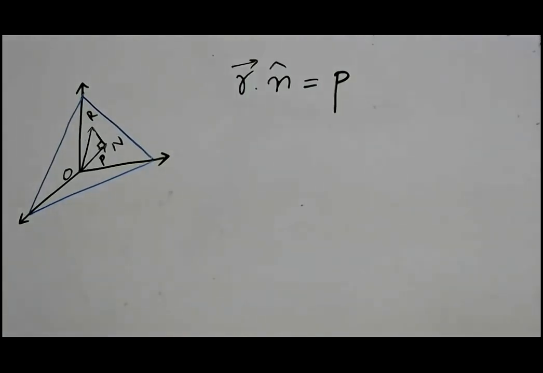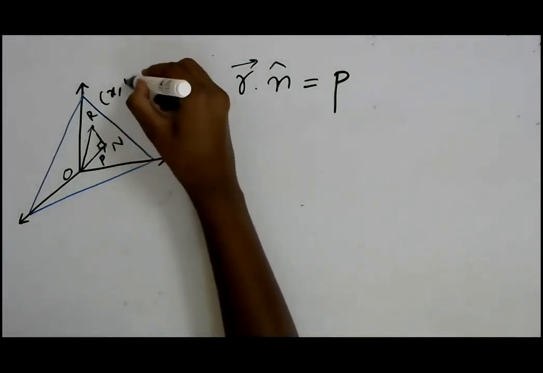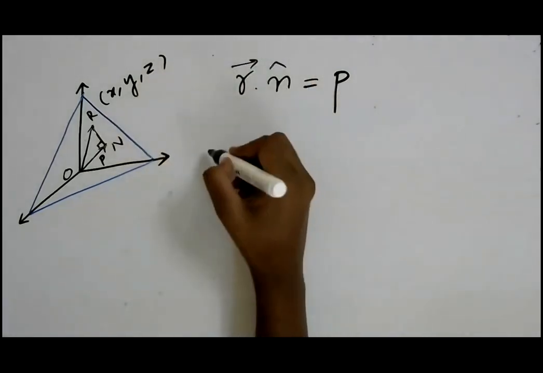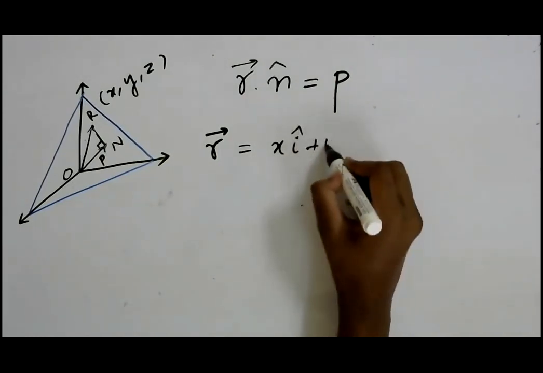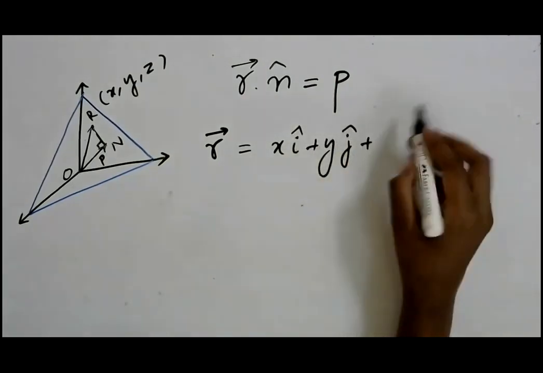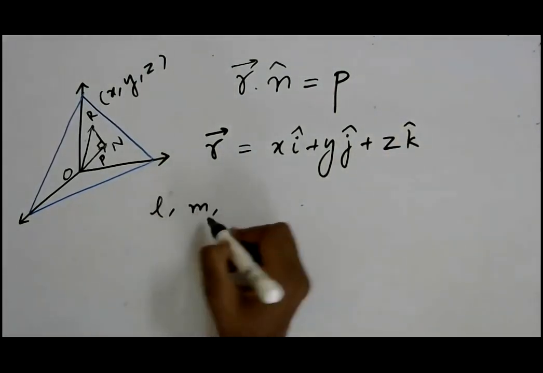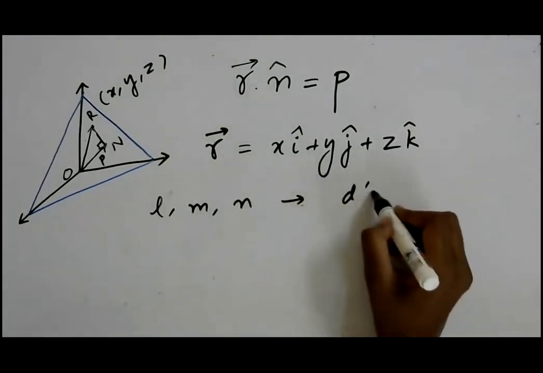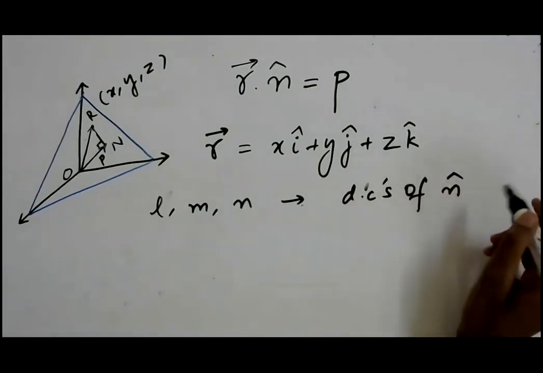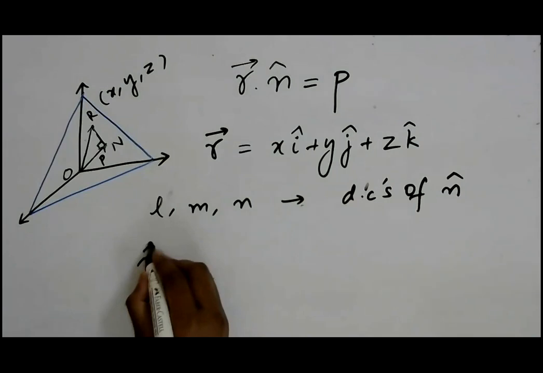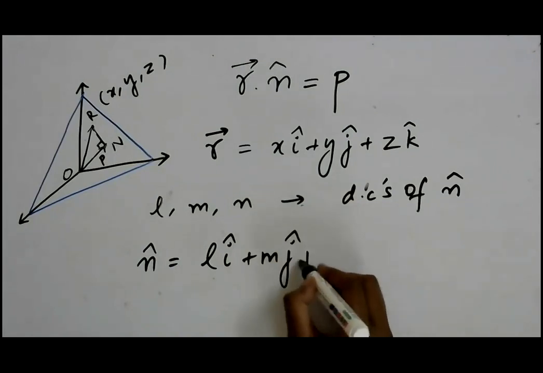Now we'll be doing the Cartesian form of the previous equation. So let's say the coordinates of R to be x, y and z. Then we can represent the position vector of R as x i plus y j plus z k hat. If suppose l, m and n are the DCs of our n cap vector, then we can express our n vector as l i plus m j plus n k.